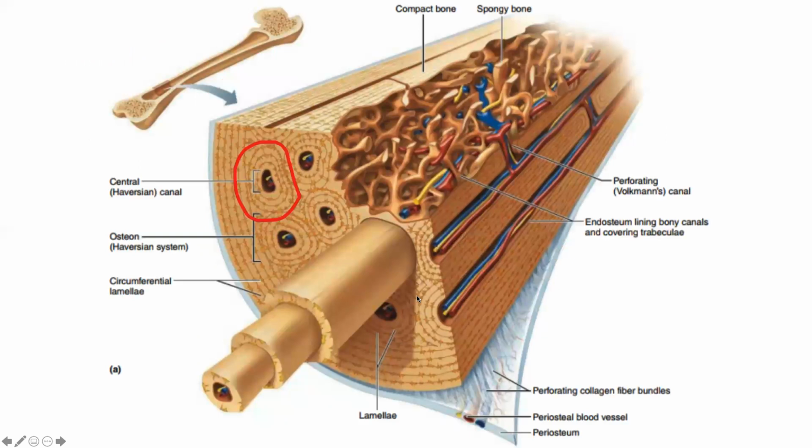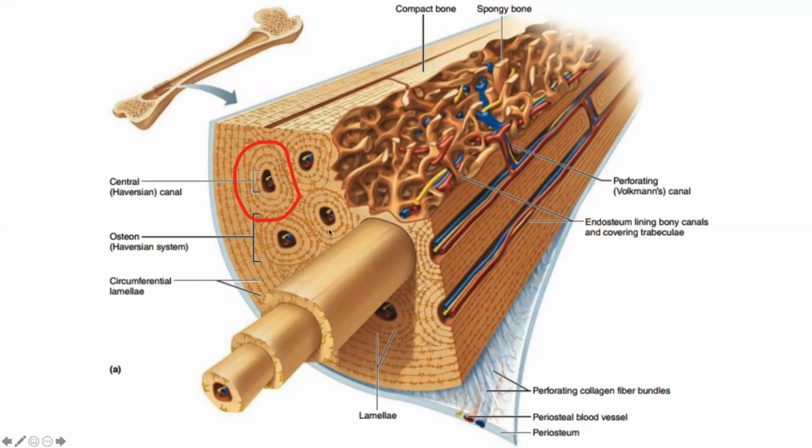So now let's look at these microscopic structures more carefully. We can see a central canal, which we call the Haversian canal, with the surrounding cells here. One circular structure here, another here, another here. This is what we call the Haversian system, also called an osteon.